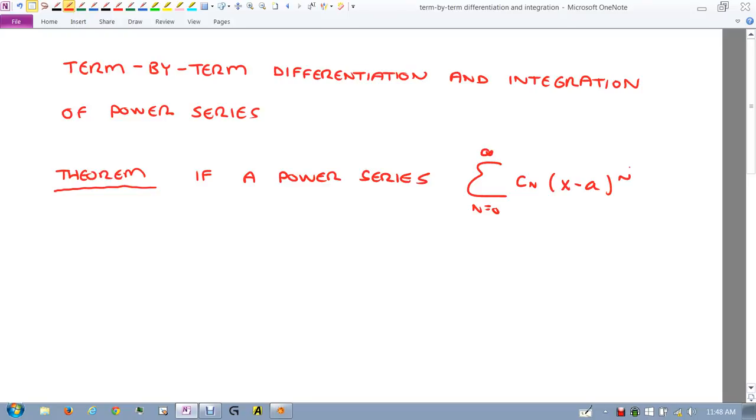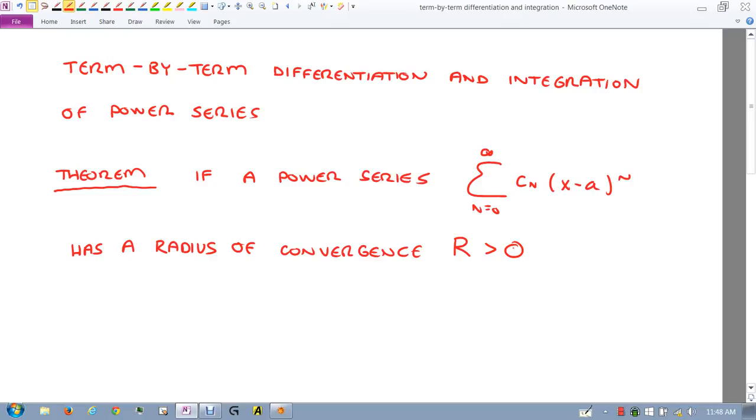So if a power series has a radius of convergence r, which is greater than 0. So let's just talk about what that's saying for the theorem. This is the condition you need for the theorem to work. You have to have a power series that has a radius of convergence that's bigger than 0.